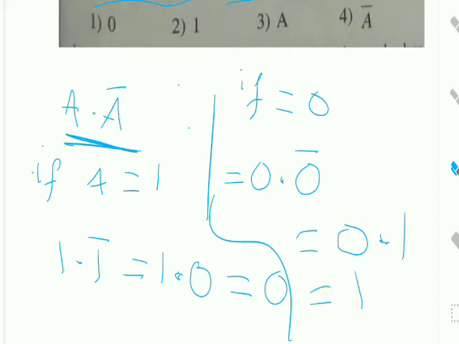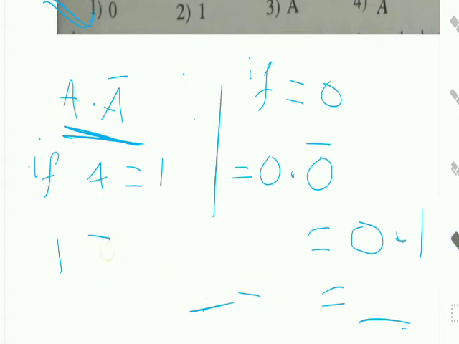The answer is 1. The first option is correct. Now see the Boolean algebra of the AND gate.